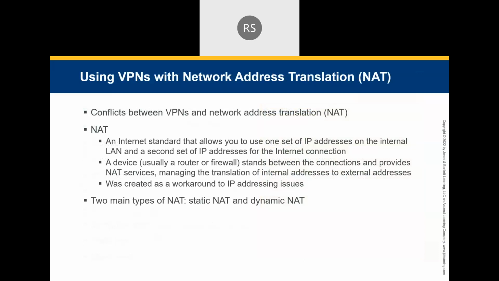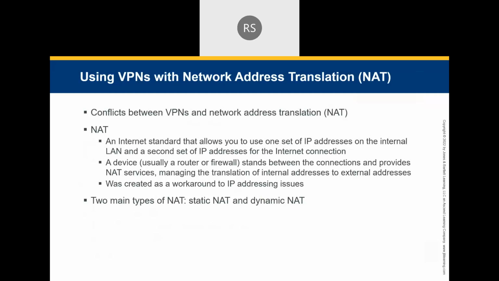Now that NAT device, and this is typically a router or a firewall, is going to sit between the internal network and the internet connection. And it's managing the translation of all those internal IP addresses to the external ones. So it's going to serve as a mediator.